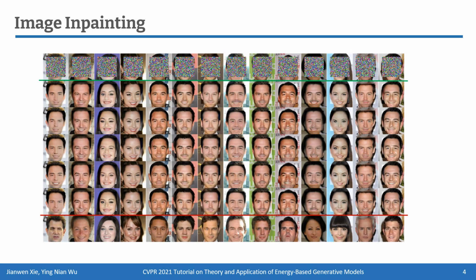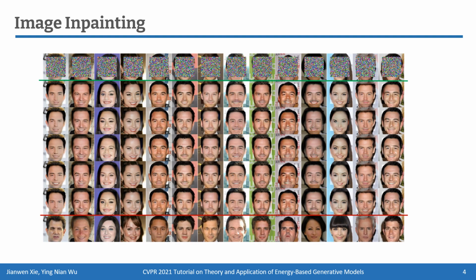The energy-based model can also be useful for image in-painting. Once the model is trained on fully observed training examples, given a test image with a mask occluding some pixels, we can use long-run sampling initialized with that occluded image to recover those missing pixels.